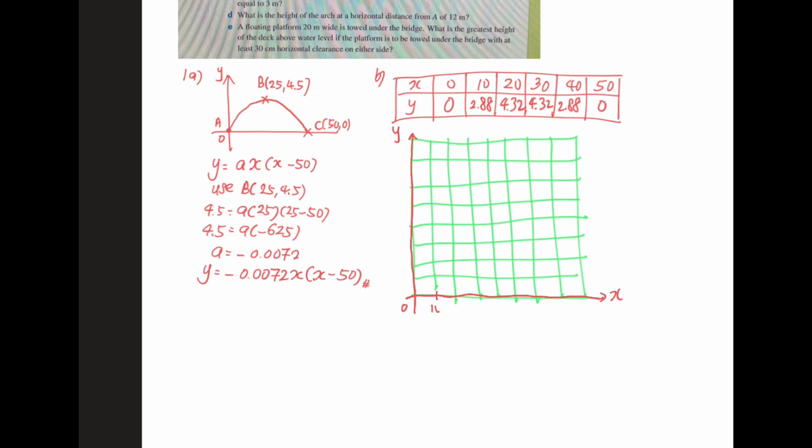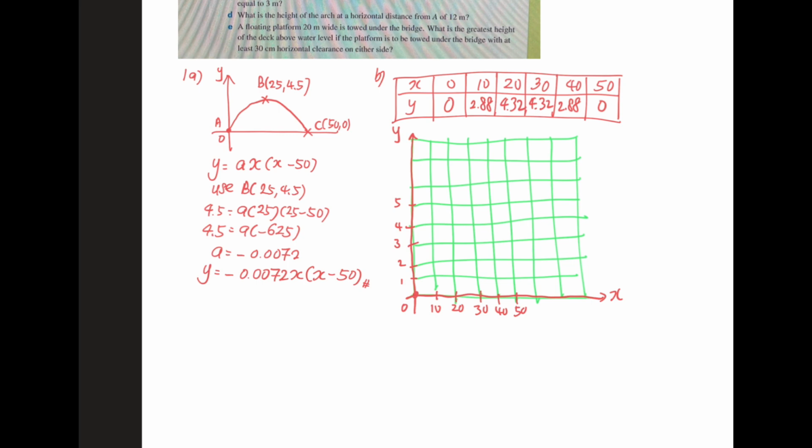Okay, so 0. Let's see first. 1, 2, 3, 4, 5, 6, 7, 8. Okay, let's say 10, 20, 30, 40, and 50. Now for the y-axis, I put 1, 2, 3, 4, 5.